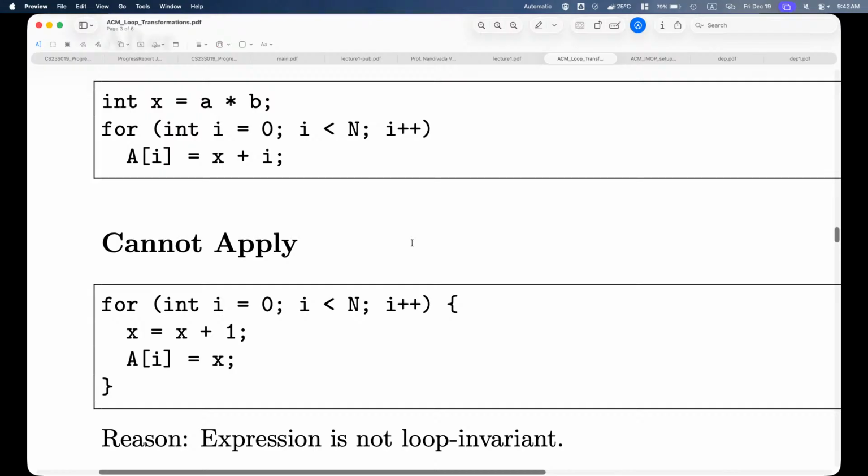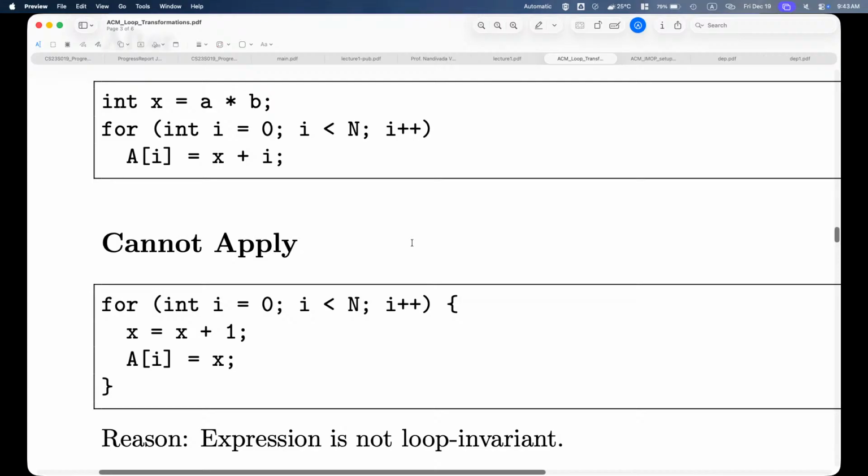X is T1, so how does it matter? I can first move the RHS out, then push the copies down, and then say I don't need this definition because it is unused, or redundant. This copy is unused, so I will throw it away.